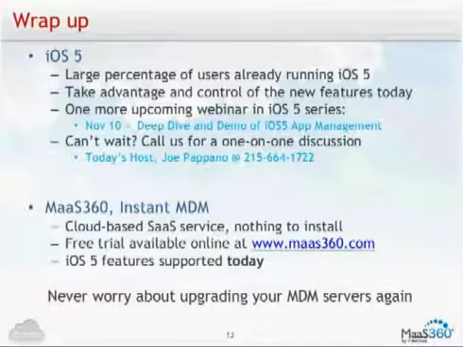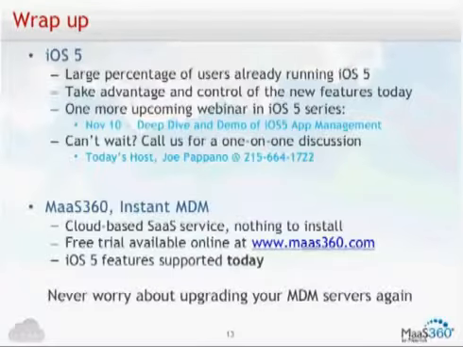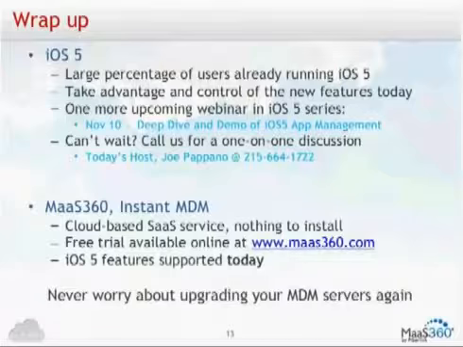Question about what type of reporting do you have in MaaS360? I think this is certainly one of our strengths. We have a couple of different ways to do reporting in MaaS360. We have what we call our smart search, where you can do instant, on-demand, real-time searches and filtering. You can build a report based on what attributes you want to search for, whether it's iOS 5 devices that have a certain carrier, or devices in a certain country.